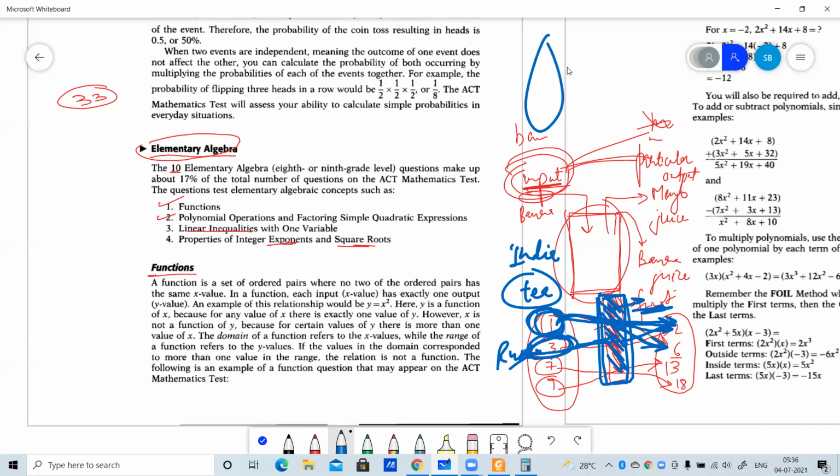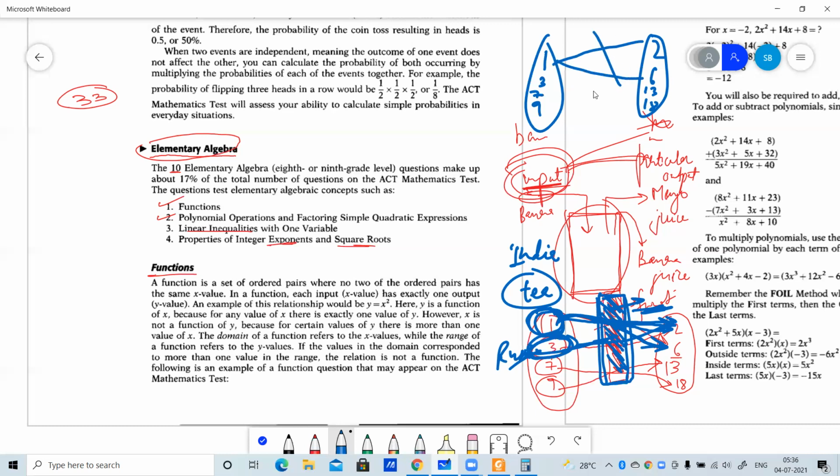For example, 1, 3, 7, 9, 2, 6, 13, 18. So in functions, it is not possible for one input to get 2 outputs.